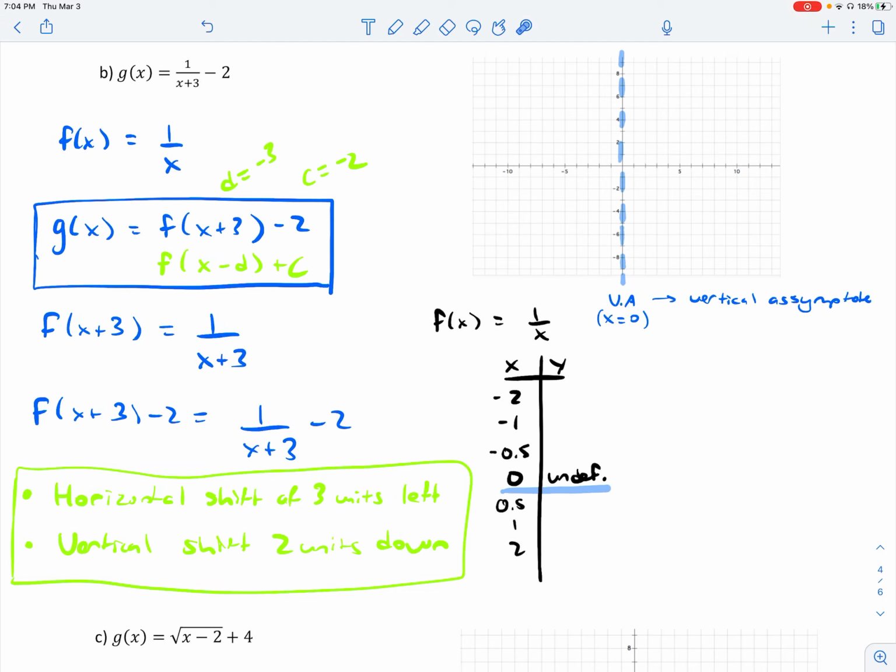The other one I'm going to point out is the fact that 1 over x can never actually equal 0. So 1 over x, no matter what you put in for x, this can never equal 0. So that helps me establish the HA, which is the horizontal asymptote.